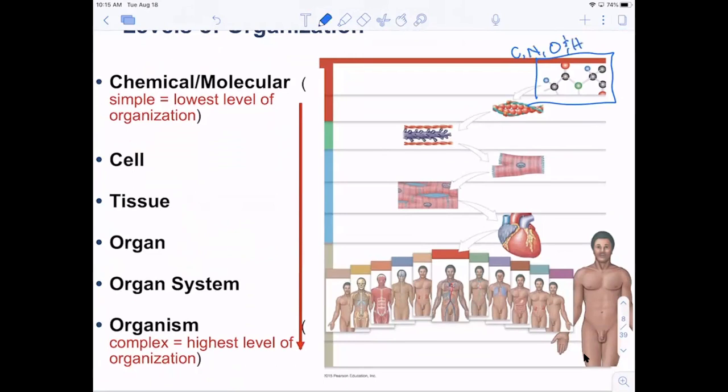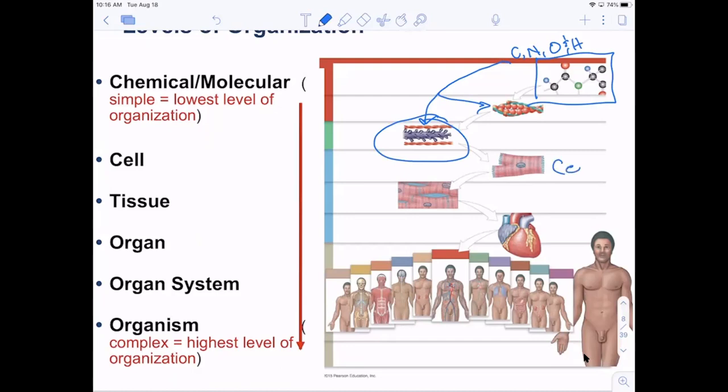Those 4 elements make up almost 99.9% of the molecules and cell structures and tissues of our body. Those are the building blocks. These molecules combine to form structures, and these structures combine to form cells.